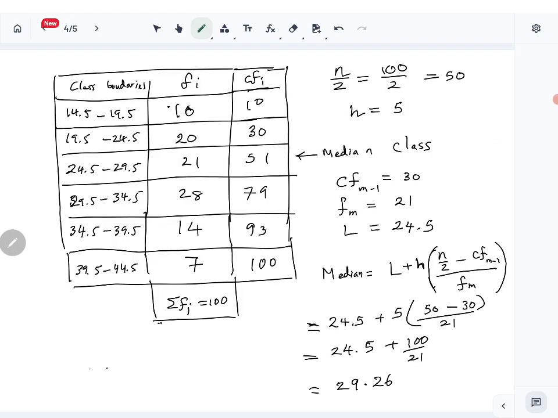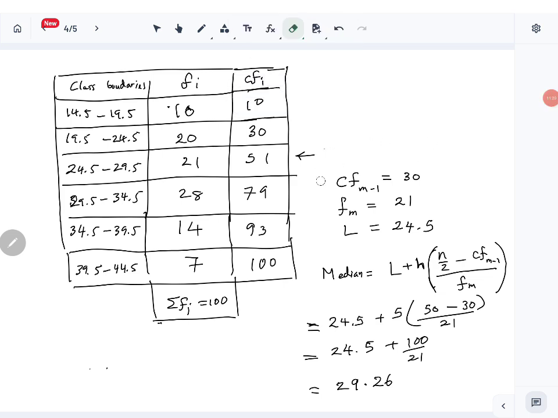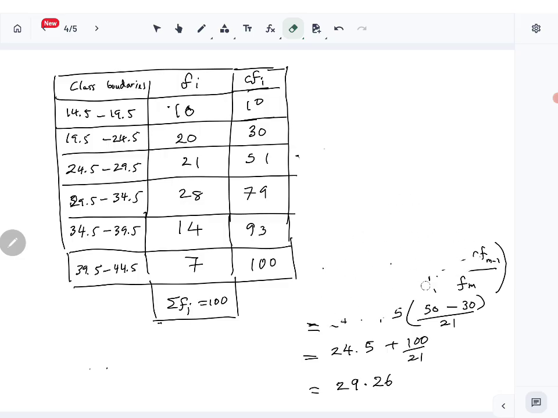So we have to get the midpoint values and use the assumed mean. Let's create the other columns of the table. To find the mean, we have to use the assumed mean.